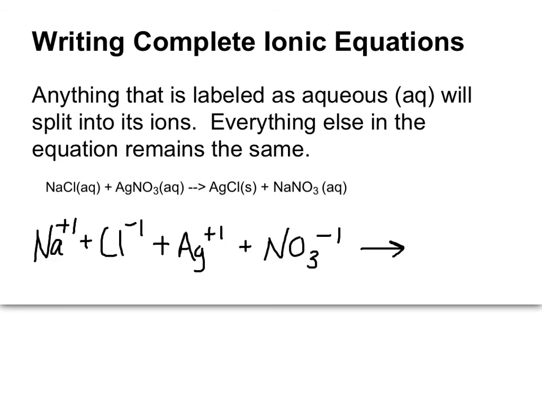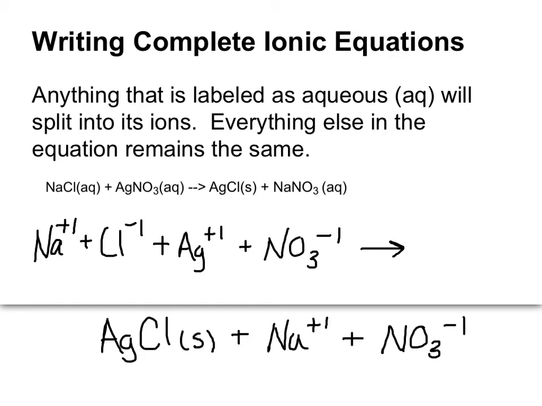As you can see, NaCl and AgNO3, which are labeled as aqueous, have split apart, forming 4 different ions: Na+, Cl-, Ag+, and NO3-. As the reaction takes place, the ions begin to react, forming 2 new substances, AgCl and NaNO3.